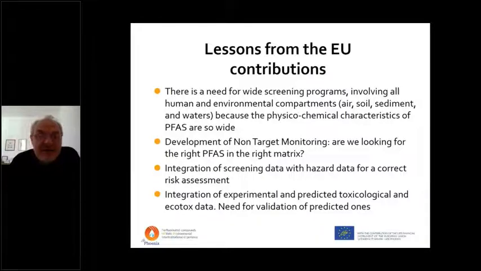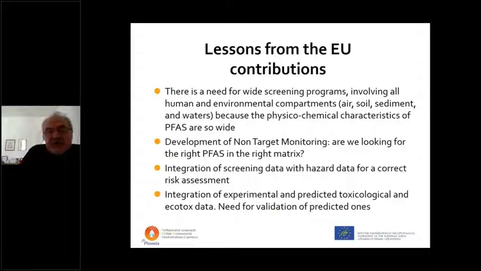But this screening program should involve all the possible environmental compartments, because they are diffused in air, in soil, in sediments, maybe some kinds of waters. And because the characteristics of this PFAS family are so wide, we cannot include only short chain, long chain, PBT, PBM, PMT. They cover all the possibility of the physical chemical range of the contaminants.